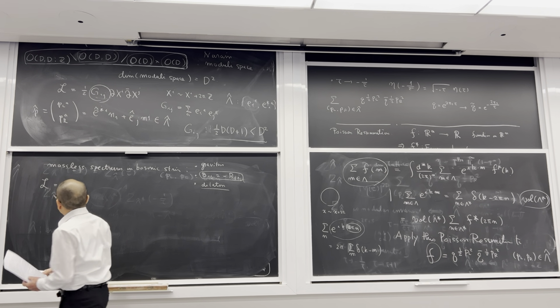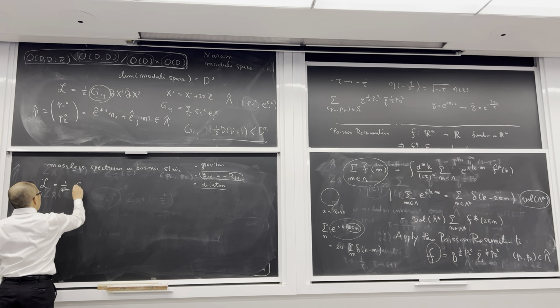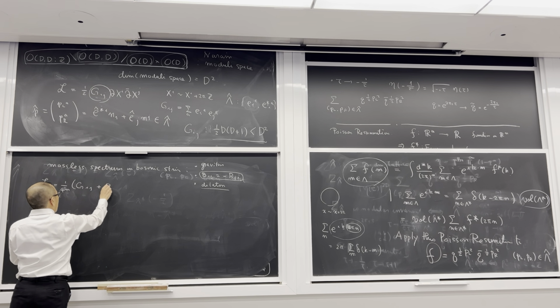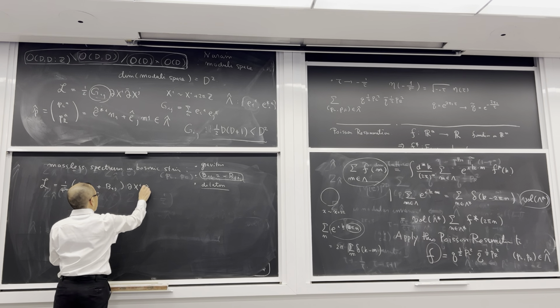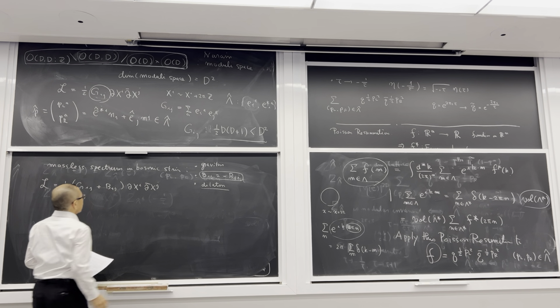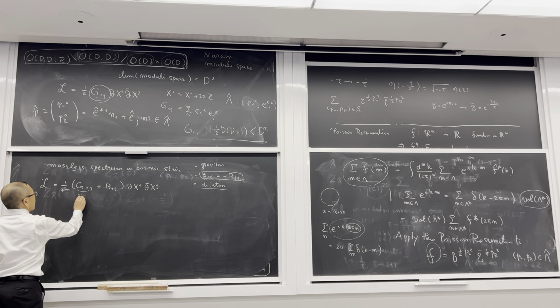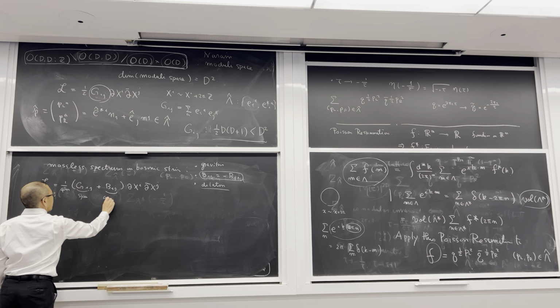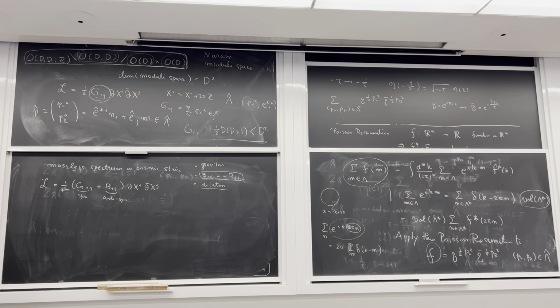The action we should consider is Gij plus Bij times del xi del bar xj. Gij is symmetric in i and j, and Bij is antisymmetric in i and j.